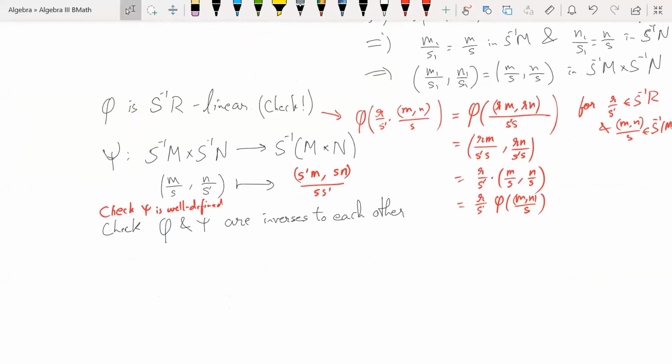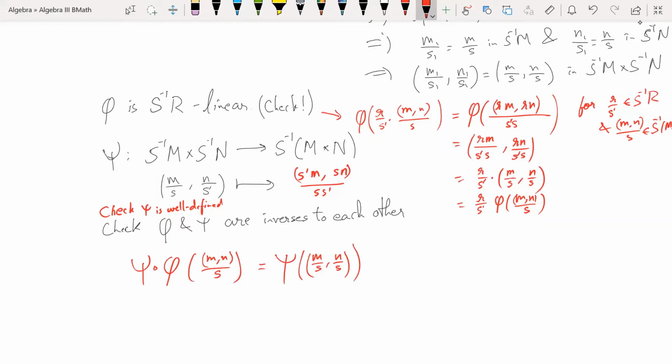So why are phi and C inverses to each other? You first apply phi to (m, n) over s, and then apply C. Then this is C of m over s comma n over s, because that is the formula for phi.